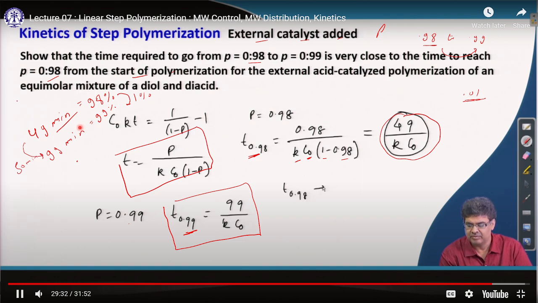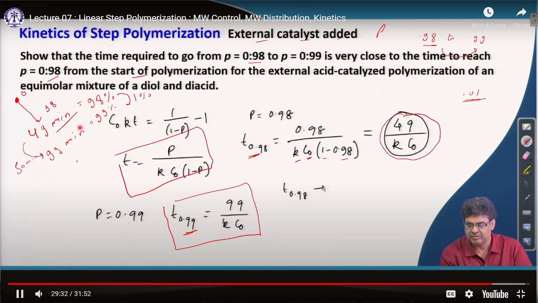See, this is the starting point of the reaction. From 0 to 98% it took only 49 minutes, but from 98 to 99% it took 50 minutes, more than the time required for 98%.